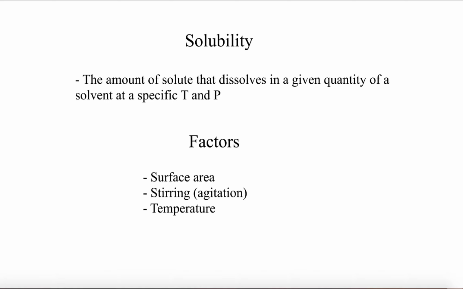Now, factors that affect solubility: surface area. If you increase the surface area of the solute, you are able to make more particles of the solute come into contact with the solvent, so it's going to help with the rate of dissolving. Stirring it, so the more you're stirring a solution, the more you actually get it to dissolve, because again, you are increasing the contact between the solvent and the solute.